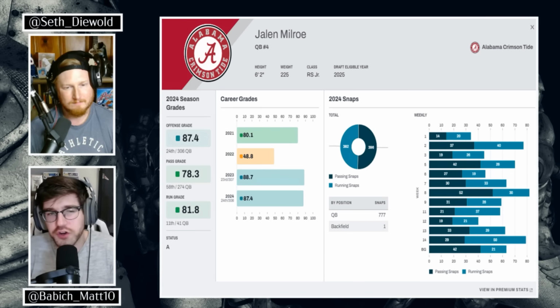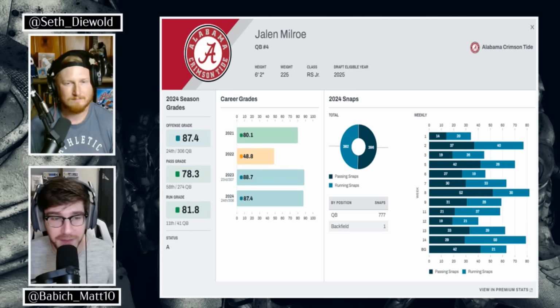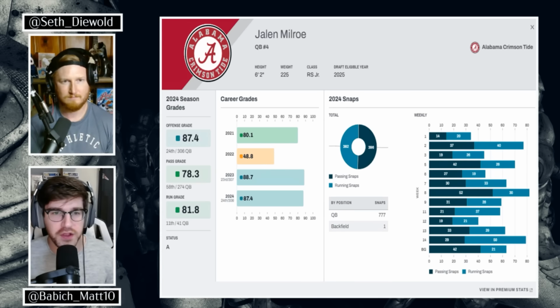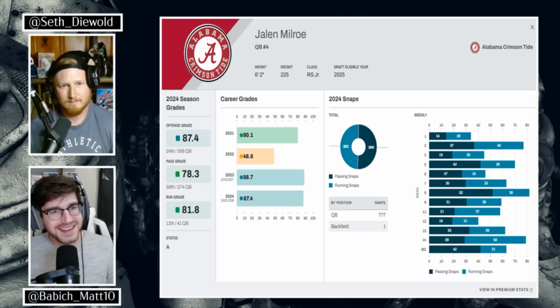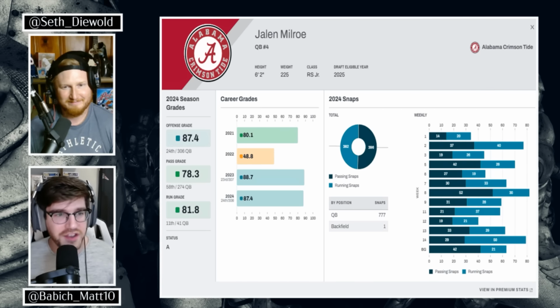I didn't love Jalen Hurts as a quarterback prospect. And again, I want to make it very clear, I'm not comparing Hurts to Milroe as a prospect in any sense of the fashion, but I didn't like Lamar Jackson that much as a passer coming out. But I knew when he got to the NFL, he would be a stud because of his dual threat ability and the fact that I know that I'm not very good at judging arm talent. And same thing with Jalen Hurts. When I watched him in college, I didn't love it. But when he got to the NFL, I knew he was going to be a stud.